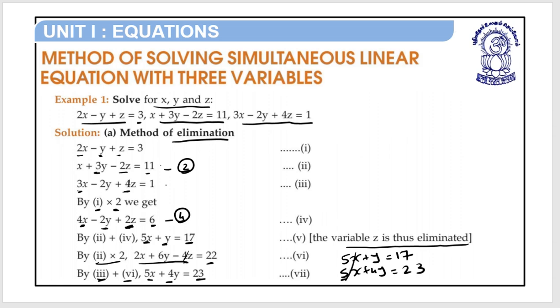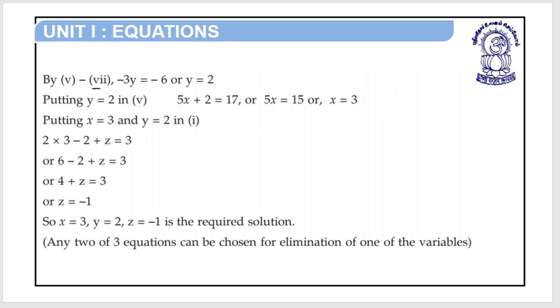Subtracting, 5x minus 5x cancel, so minus 3y is equal to 23 minus 17, that is 6, so minus 3y is equal to minus 6.